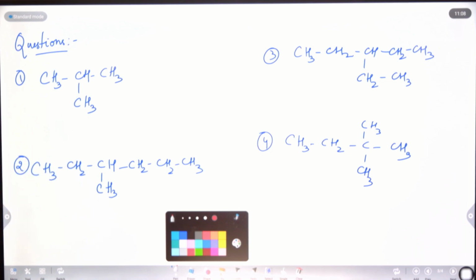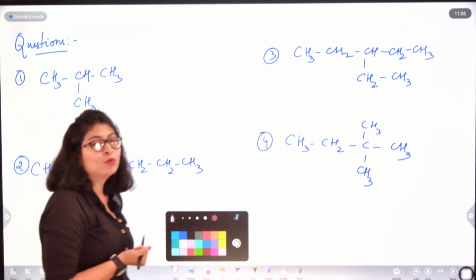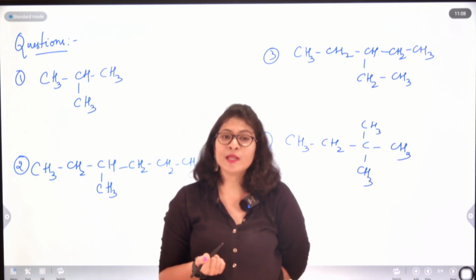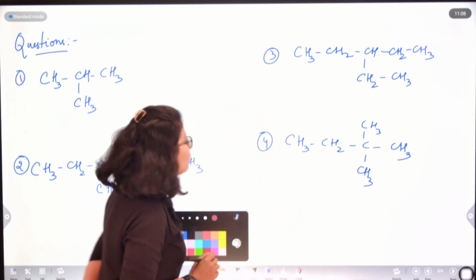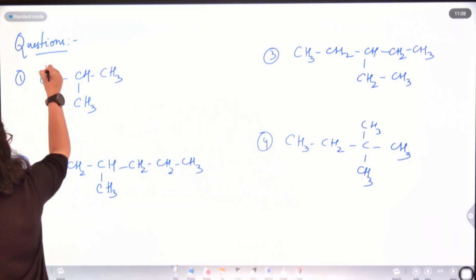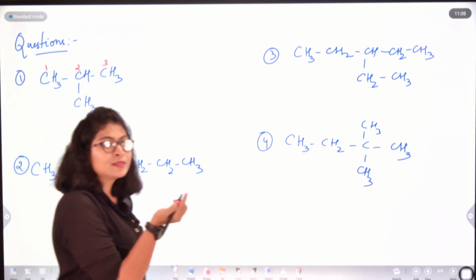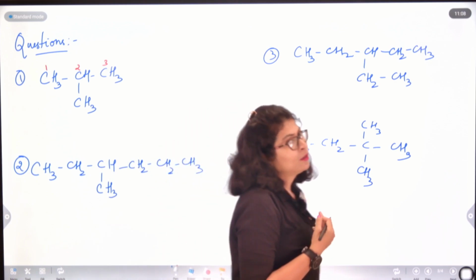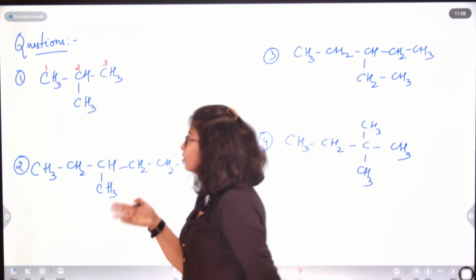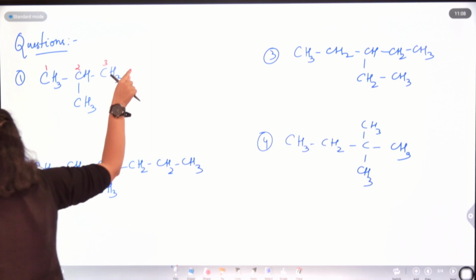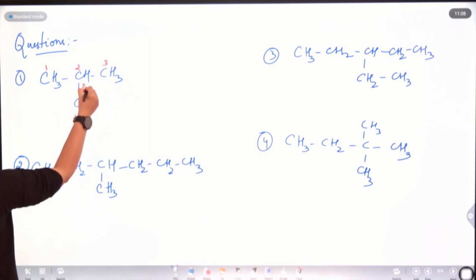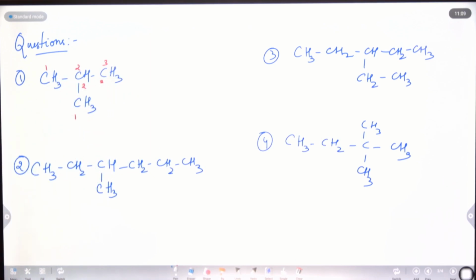4 carbon atoms are there, but there is branching. So first thing I have to do is select my primary chain. Now, if I see here 1, 2, 3, on my way of naming like this, I'm encountering 3 carbon atoms. If I start the naming from the other way, it will be 1, 2, 3. So here also I'm getting 3 carbon atoms.